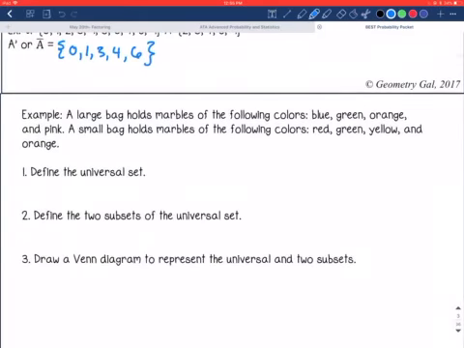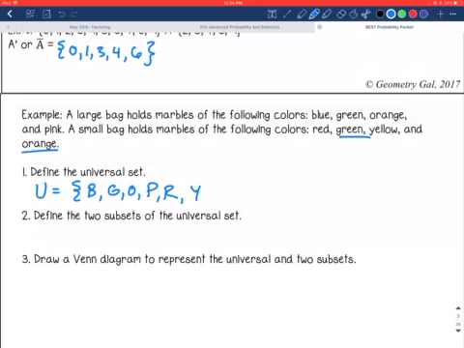Okay, so as an example, a large bag holds marbles of the following colors. A small bag holds marbles of these colors. So to find the universal set, we're going to label this as U. And I'm just going to use the first letters of these. So we have blue, green, orange, pink. And then we need red. We already have green.